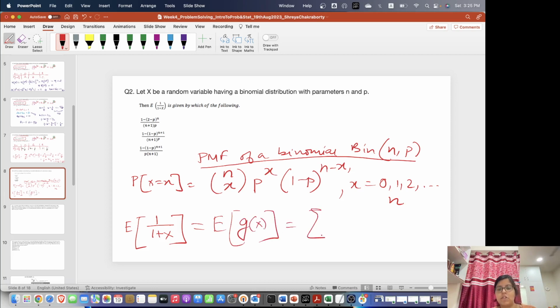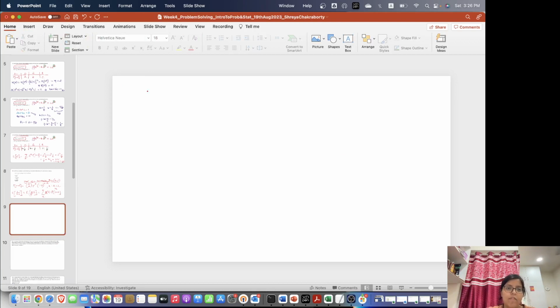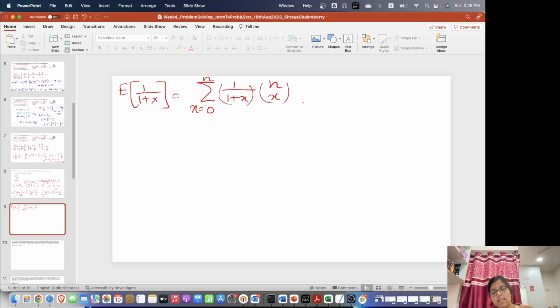So that will be the summation of g(x) P(X = x) over the range of x. So here we have the expectation of 1/(1+X). This will be the summation x = 0 to n of 1/(1+x) nCx p^x (1-p)^(n-x).